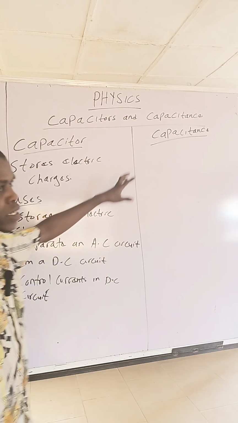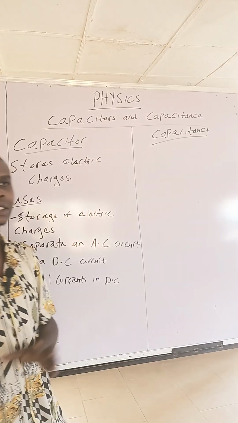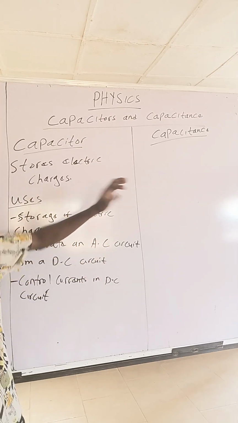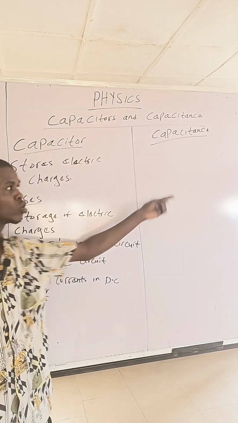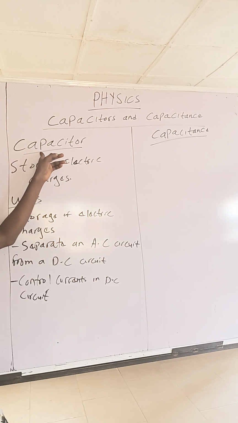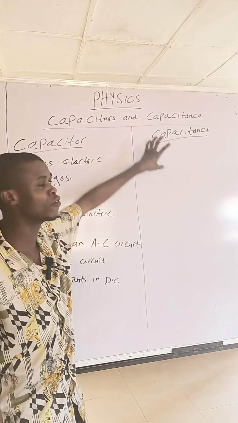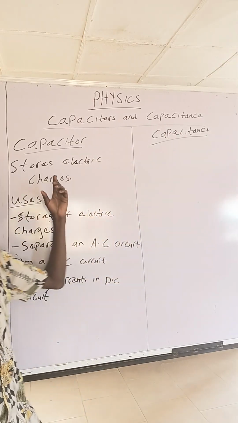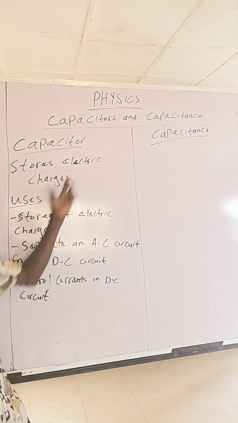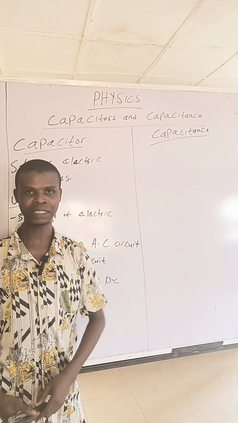Now, what is capacitance? Capacitance is a property which enables this device to store electric charges. So the measurement of the storage of electric charges in a circuit is what we call capacitance.